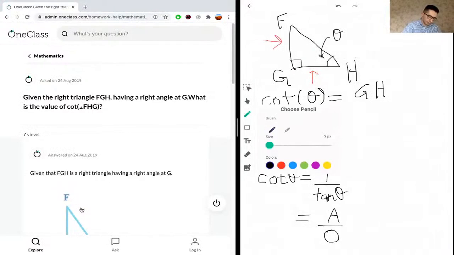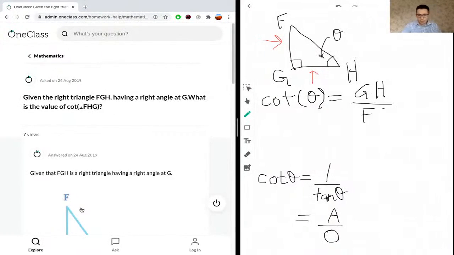That's our solution for cotan of the angle FHG. Whenever we have an angle FHG, we're looking at the vertex H, and at the angle I've specified in the diagram, theta.